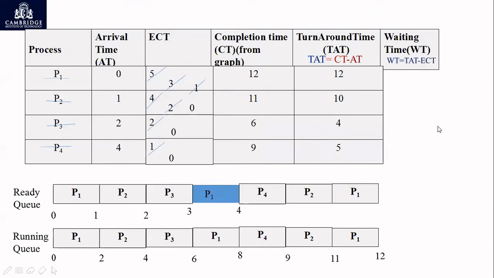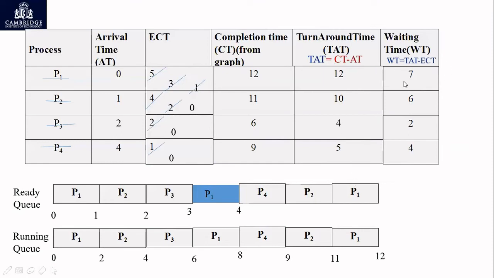Compute the waiting time for each process. That is TAT minus ECT. 12 minus 5, 7, 10 minus 4 is 6, 4 minus 2 is 2, and 5 minus 1 is 4. Now find the average value of TAT, that is 12 plus 10 plus 4 plus 5 divided by 4.